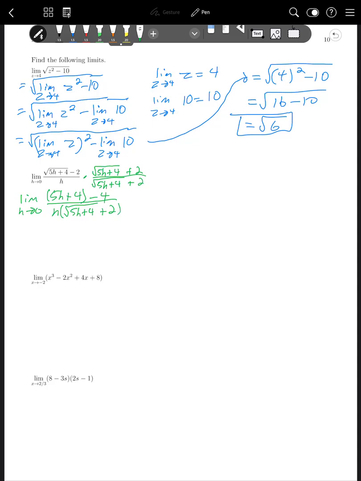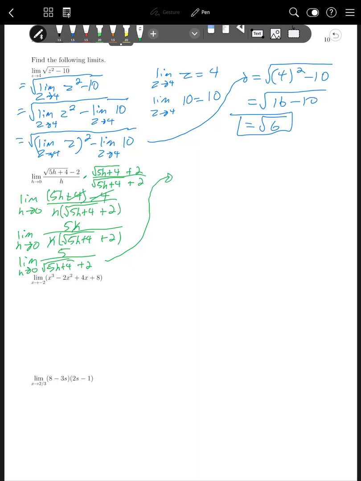And so now we can start doing some simplification. So this is the limit as h approaches 0 of 5h, because the 4 and negative 4 cancel, over h times the square root of 5h plus 4 plus 2. And now I can cancel the h's. So this is the limit as h approaches 0 of 5 over the square root of 5h plus 4 plus 2. And now if I plug in 0 to the denominator, I'm not going to get 0, so I'll be okay.